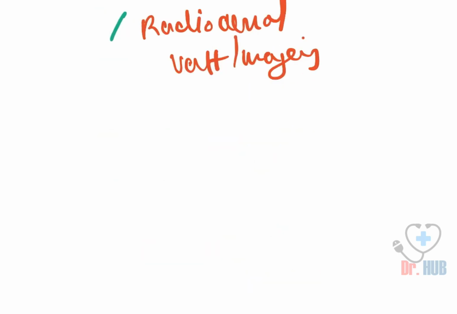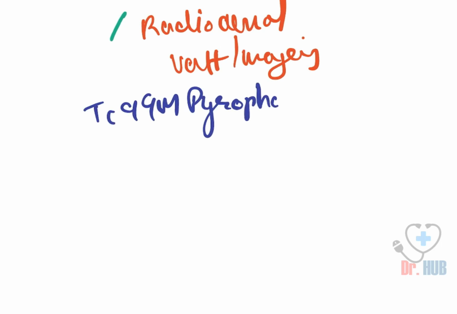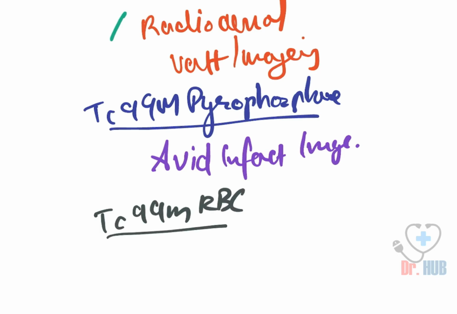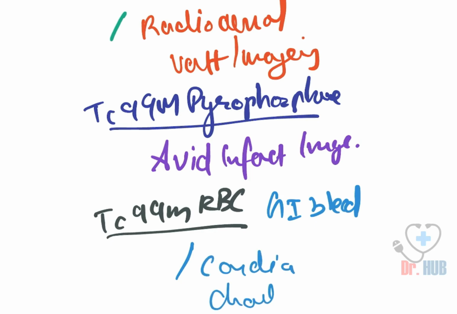Next, we move on to the TC99M pyrophosphate. Here we see avid infarct imaging. Then we move on to the TC99M RBC. Here it is used in GI bleeds as well as for the cardiac chambers.